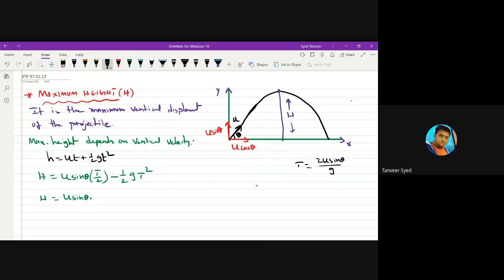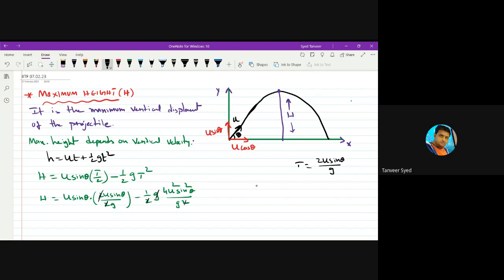So putting that t here, 2u sin theta by 2g minus half g t square. T square is 4u square sin square theta by g square. Cancellations. 2 cancelled.